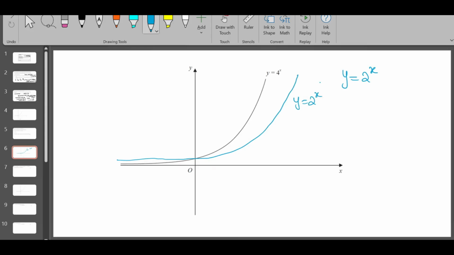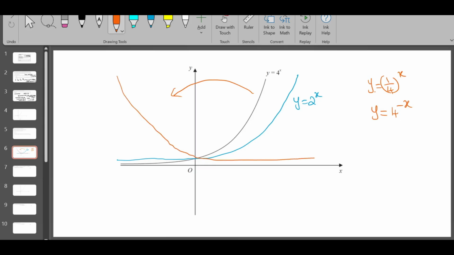If the number is bigger, let's say they want you to sketch 5 to the power x, it will be steeper. This is 5 to the power x. Remember that. One more thing, let's say they want you to sketch 1 over 4 to the power x, which is the same as 4 to the power minus x, since you can put 4 to the power x in the numerator. You need to draw the reflection of this.